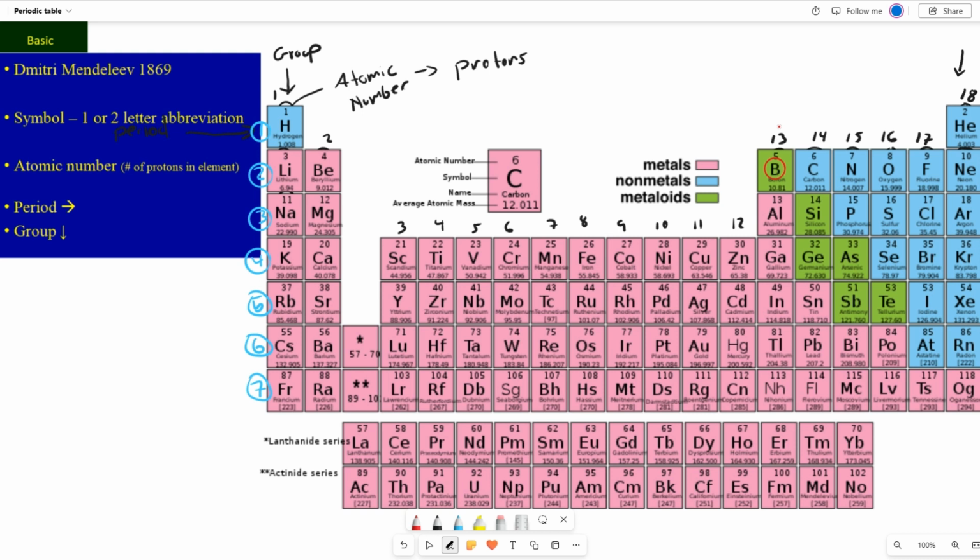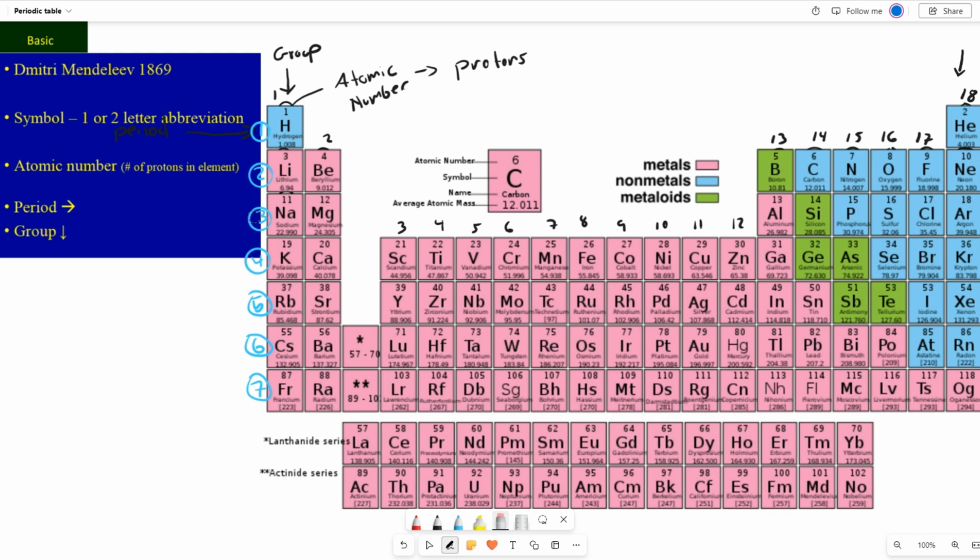Or you could say, well, what element is in period 3 and group 15? Okay, well, you go down to period 3 here, and then you would go all the way across until you got to group 15, and that would be phosphorus. So using the group and period method is a very good way to tell where an element is in the periodic table.